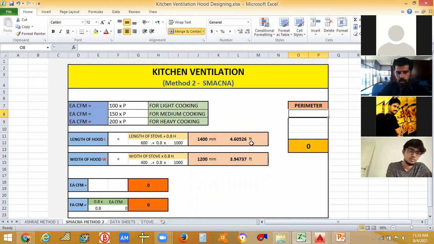One side is 4.6. What about the next side? 3.9. There are 4 sides in an island type, correct? So one side is 4.6, the other side is 3.9, the other side is again 4.6, and the last side is again 3.9.